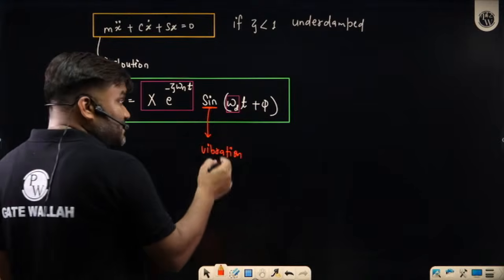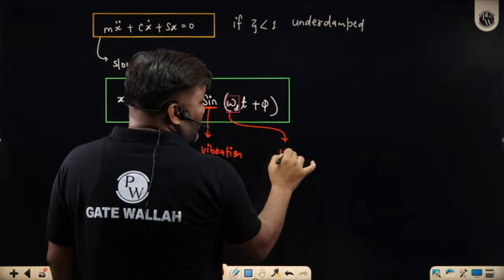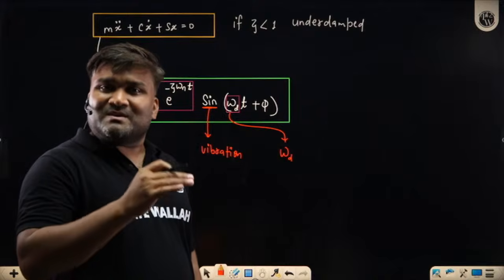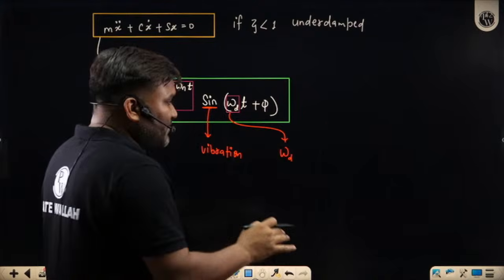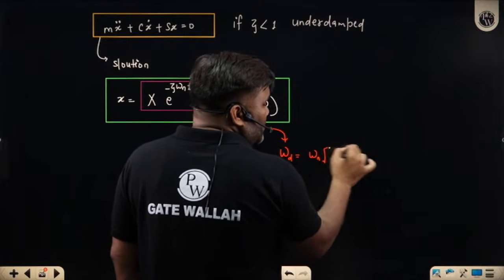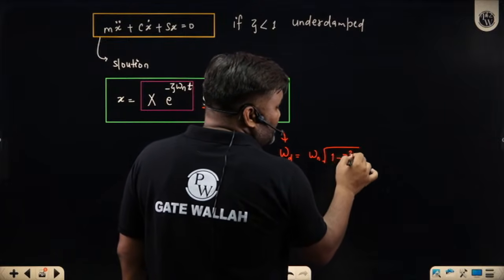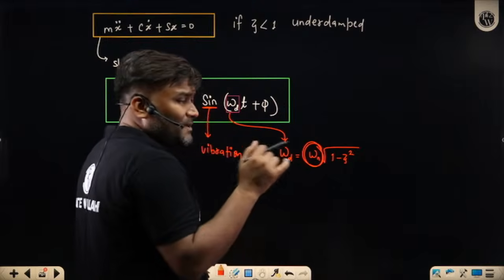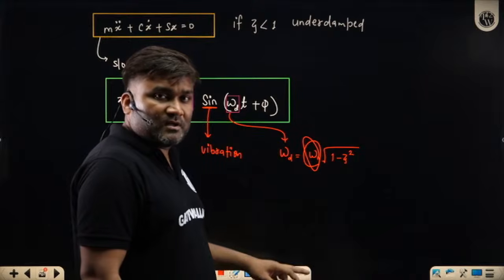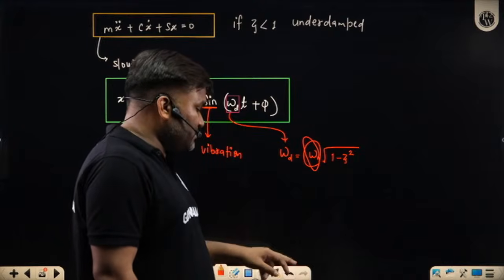With what frequency? This is the frequency: omega d is the frequency of the damped vibration. Under the underdamped situation, the frequency of vibration is omega d, and the value of omega d is omega n times under root 1 minus zeta square. The value of omega n we know, under root s by m. Put that omega n into under root 1 minus zeta square.